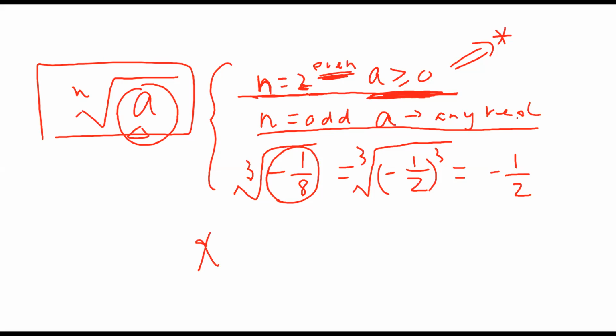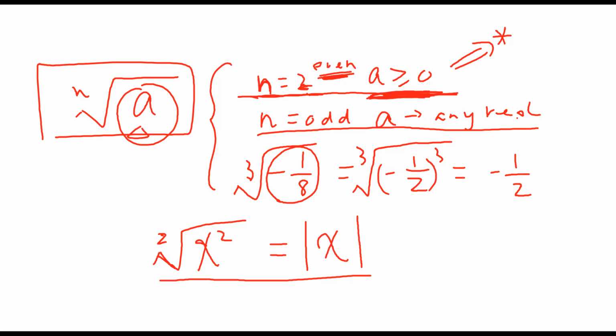Okay, so we got this one. If we say x square root, here 2, I don't necessarily write out. So here it became absolute value, right? Is it correct? Any number that is squared, its square root becomes the absolute value.